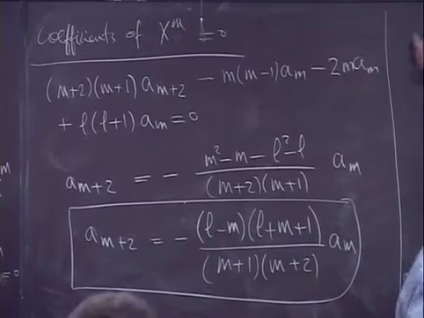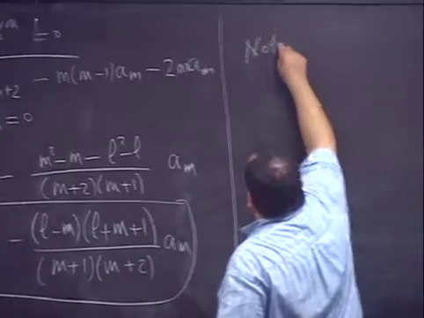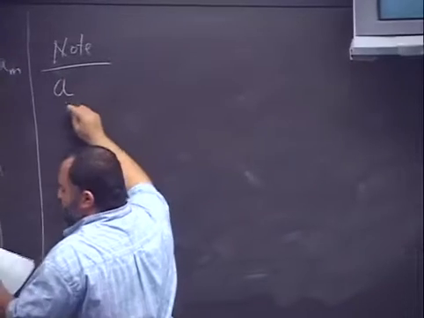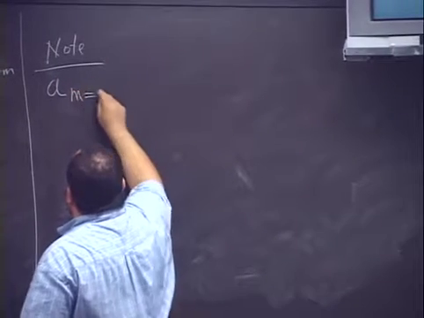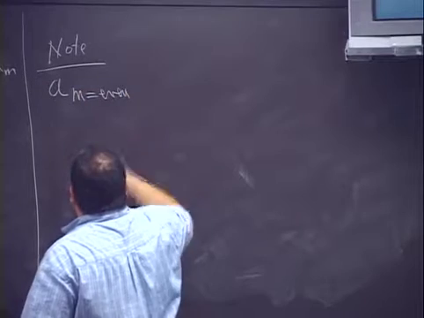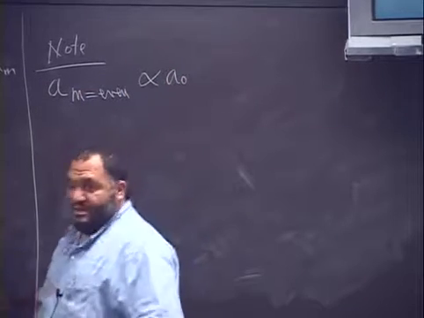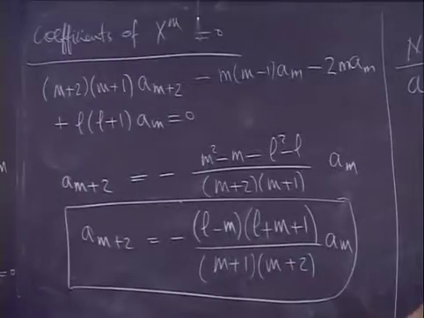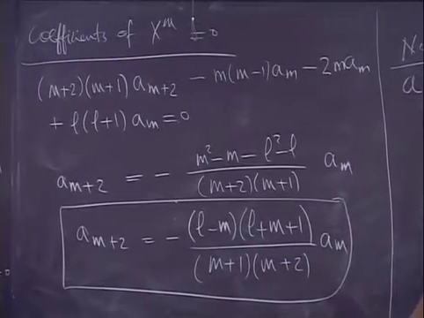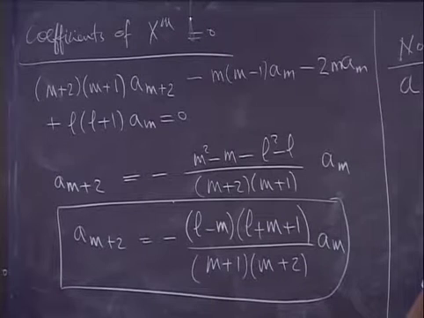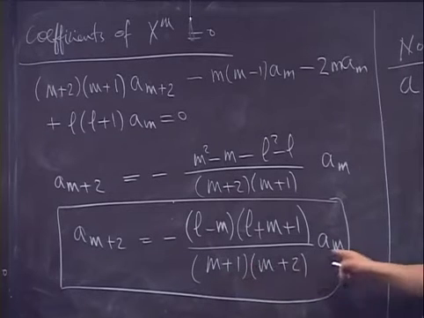You will notice that a for m even will be proportional to a naught. Look here, l is a constant. It might be 2.4, 2.6, 3.7, anything. It might also be an integer, and we will see the special case when l is equal to an integer. But a naught will produce what?